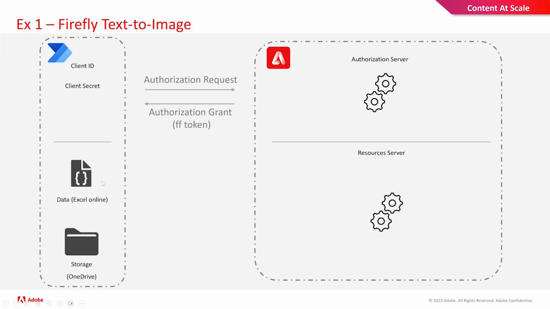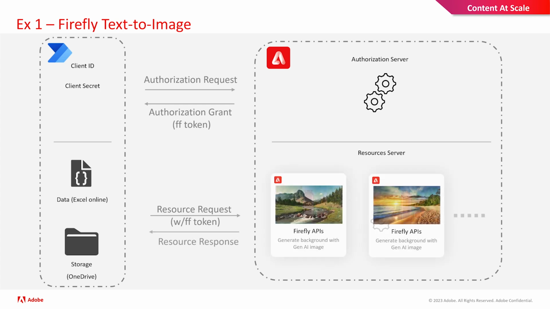The use case is like this. Imagine that we have an Excel spreadsheet that is sitting online. The Excel spreadsheet has a list of text prompts that we want to read. And what we're going to do is to grab the text prompts as data and package them as the HTTP request alongside the token and send it to the Firefly services.